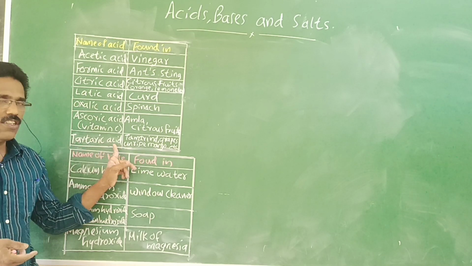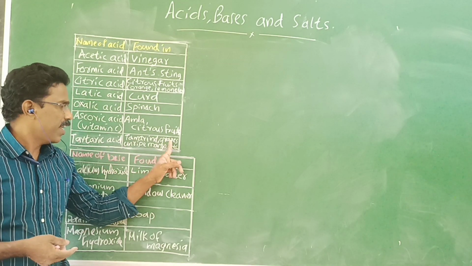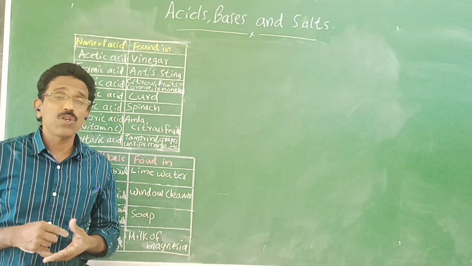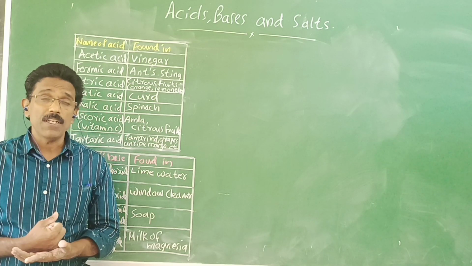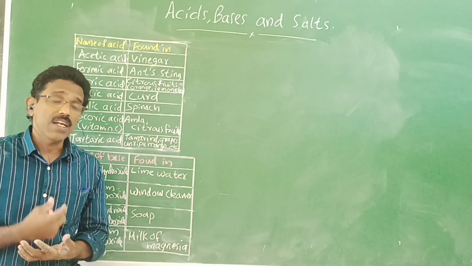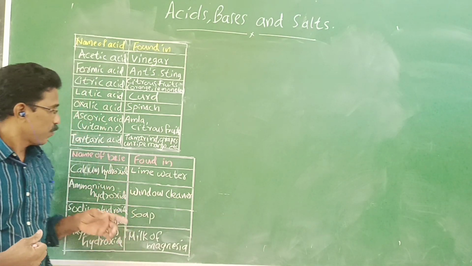Tartaric acid is present in tamarind, grapes, and unripe mango, etc. Unripe mango is very sour in taste, and tamarind also, because they contain an acid called tartaric acid.